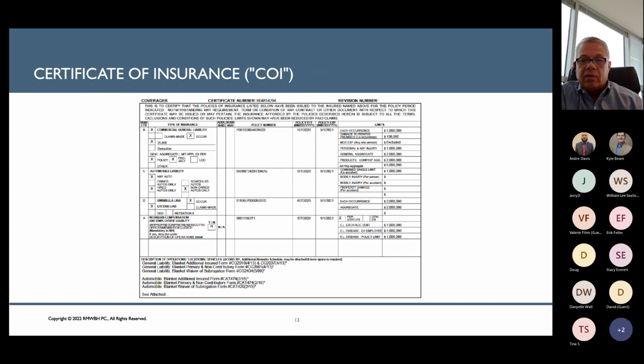And on top of that, there's $2 million in umbrella and excess liability in this case. So the total insurance available for that incident is $3 million to the association, and that's typically going to cover most claims. And then there's workers' compensation insurance on here, and there's $1 million, which is again the typical coverage, and I think that's the limit of the coverage you can get in Texas.